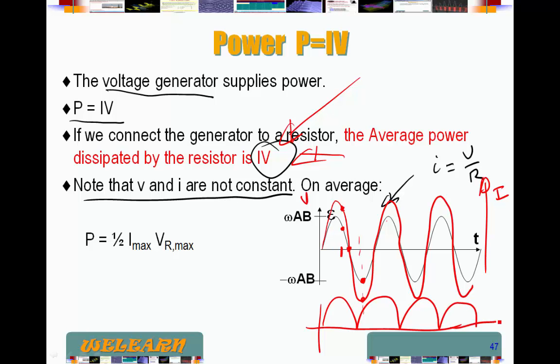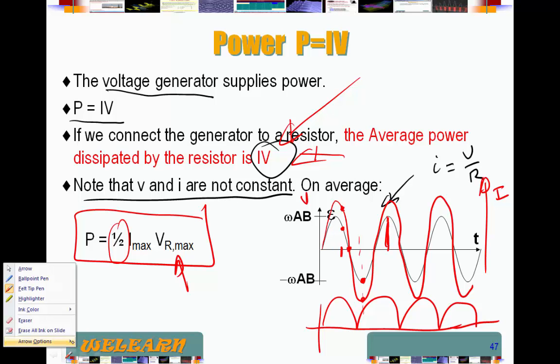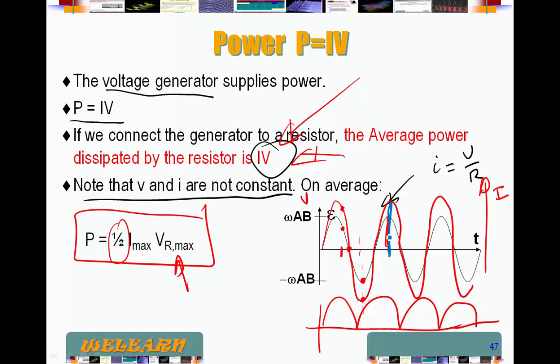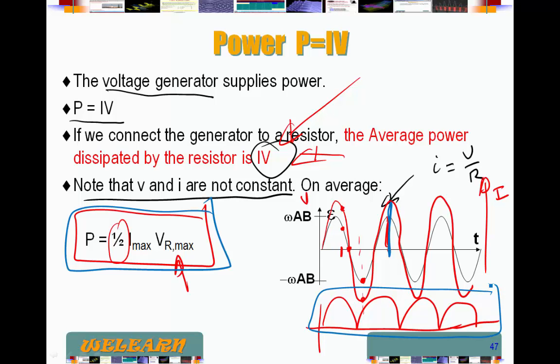On average, if we are doing calculus, we can show that, but on average, the power dissipated is going to be given by this expression: 1/2 of V max, which is what we are showing here, times I max, which we are showing here. That's the power dissipated on average. The instantaneous dissipation of power changes according to a curve that looks somewhat like this.